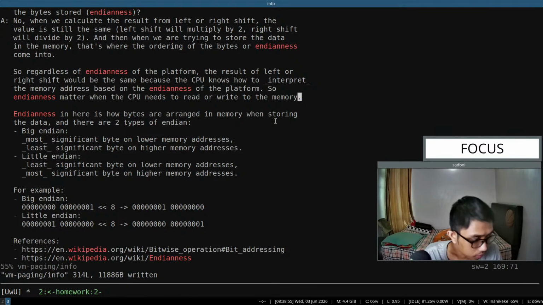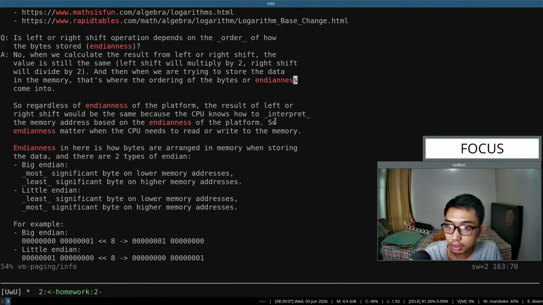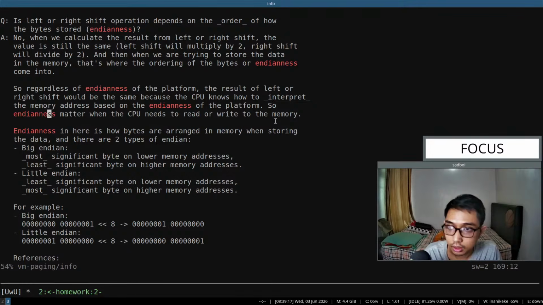That is why shifting does not change, right? Because the value is still the same, right? And it's how we store the value in the memory that needs the endianness.